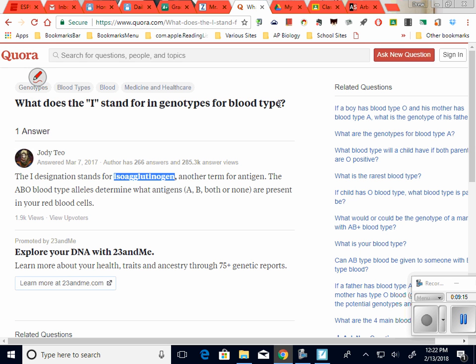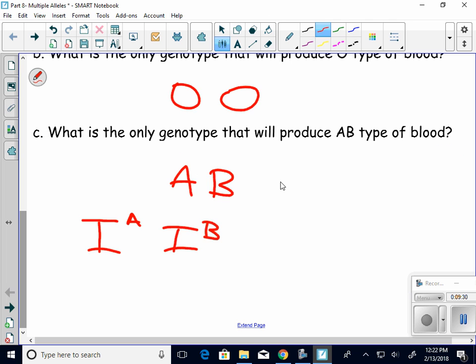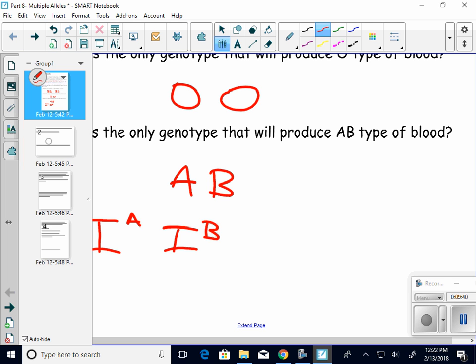The I stands for that. It is an antigen. You don't need to know that. I didn't know that until I just looked it up. But sometimes we will see these written as A and B and little i for O. But that's not the way that I'm going to teach you how to do it.